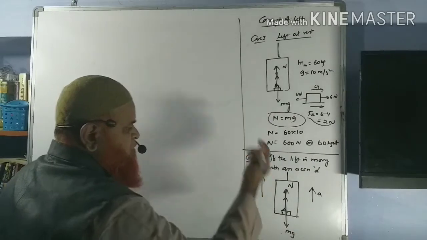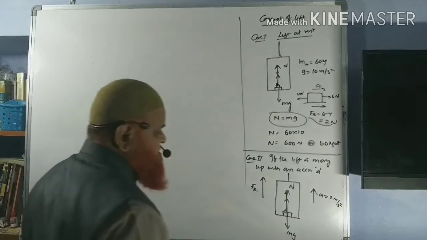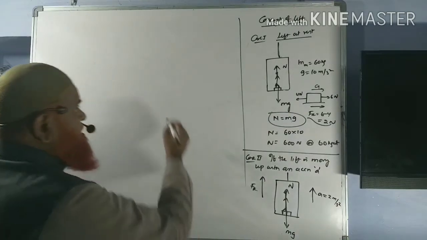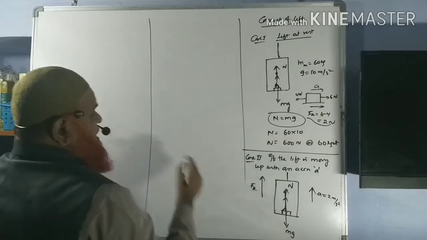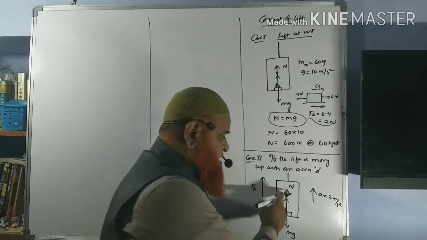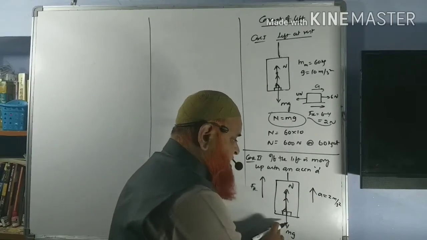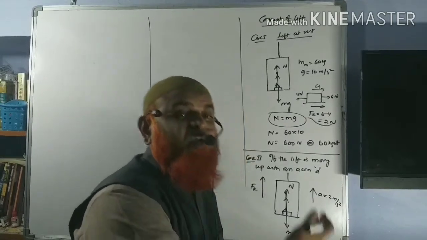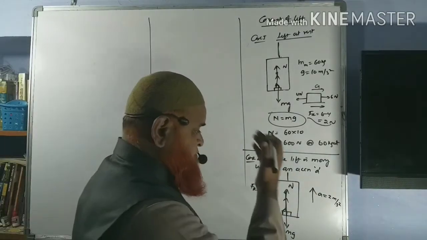So when the lift is moving up with an acceleration, let us consider the acceleration is 2 meters per second square. Let us see what is going to happen here. Two forces are acting on the person now. One is normal reaction, another is weight acting downwards. If both the forces are acting, then also the body is moving upwards. The meaning here is resultant force is acting upwards.